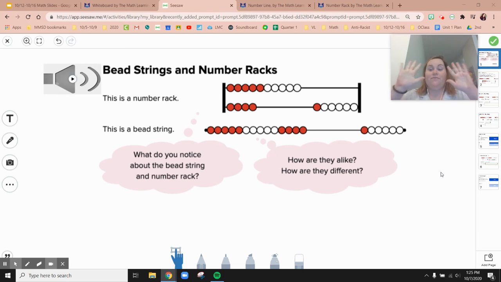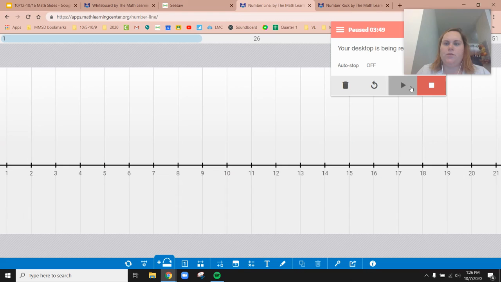And I know that they have 10 red beads and 10 white beads, right? But it goes 5, 10, 15, 20 because we're counting by 5s. They're kind of similar, but they're different because the bead string is all in one, while the number rack goes 10 on top and 10 on bottom. So they're similar, but they're also different.